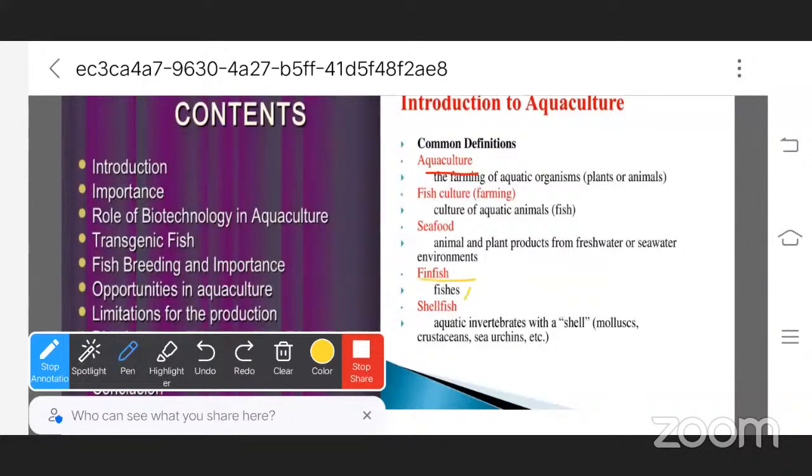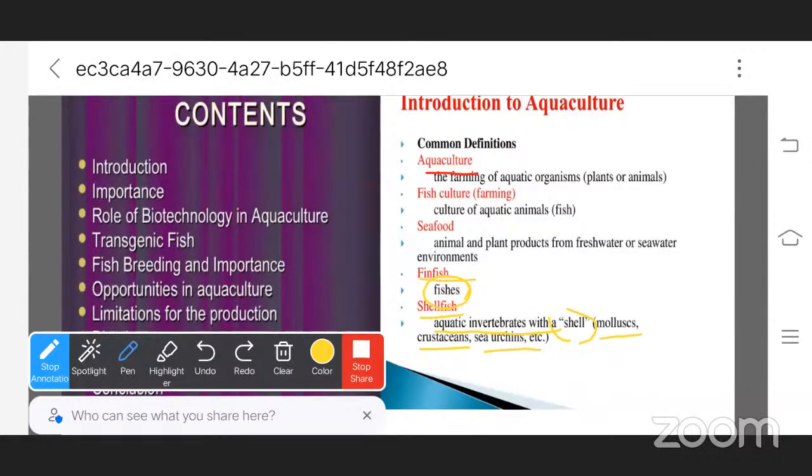It includes shells, mollusks and crustaceans. Crustacean animals also belong to the shellfish category. And sea urchins generally belong to the phylum Echinodermata, and the crustaceans belong to the arthropods, and also mollusks. The mollusks belong to the phylum Mollusca.